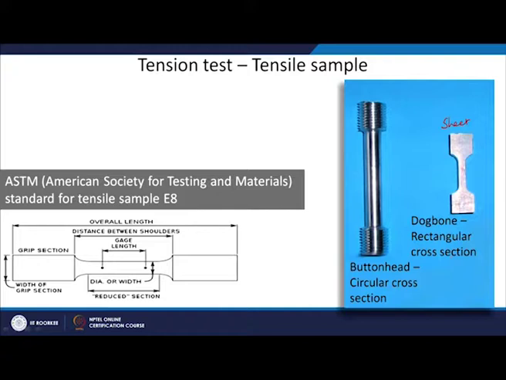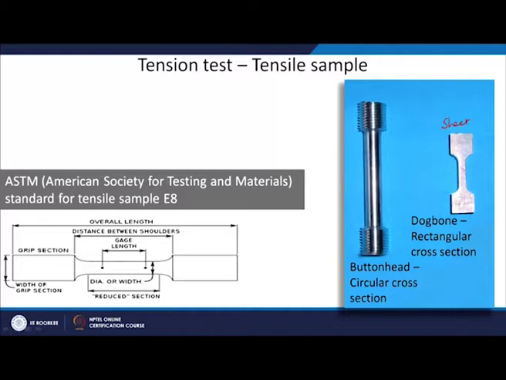Or if you have a bar, maybe a Tor steel or something like that, then we have this kind of button head with circular cross sectional area.